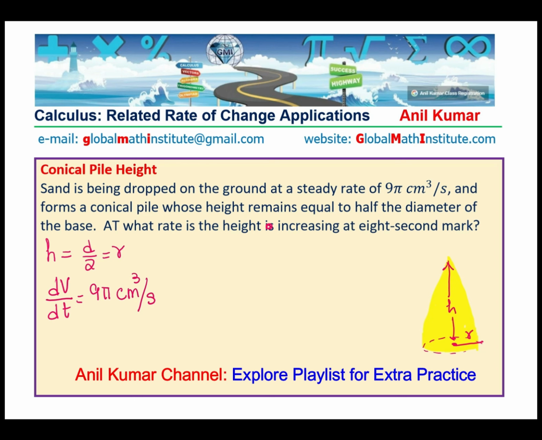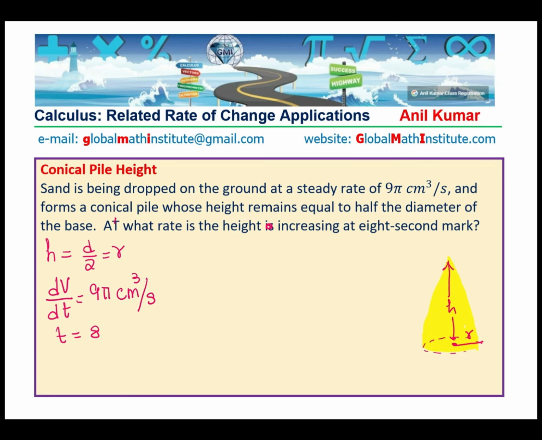Now, we want to know at what rate the height is increasing at the 8-second mark. So if t is equal to 8 seconds, what is going to be the volume? Then the volume will be 9 pi times 8, correct?